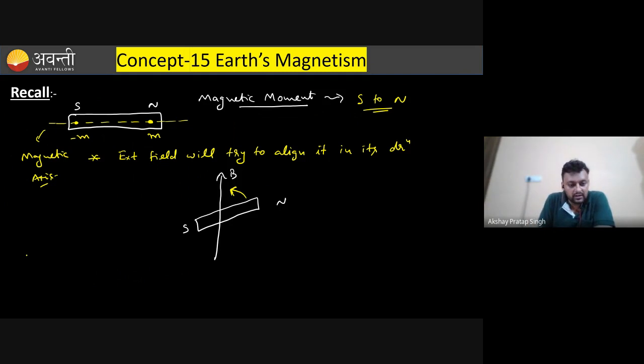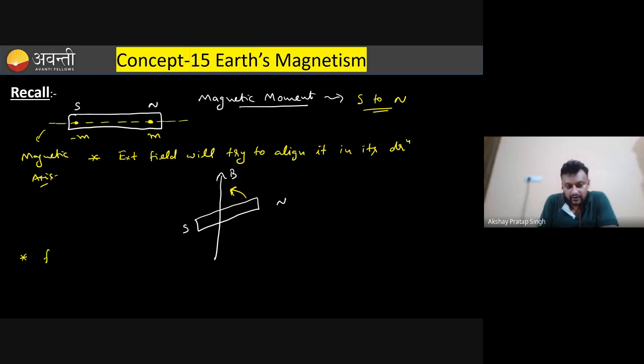Now the next property, that everybody remembers from very basic class 6, 7, 8: if you suspend a bar magnet freely, and it can rotate in the horizontal plane, then generally it will stop in the north and south direction. I hope this point is very much clear to you.